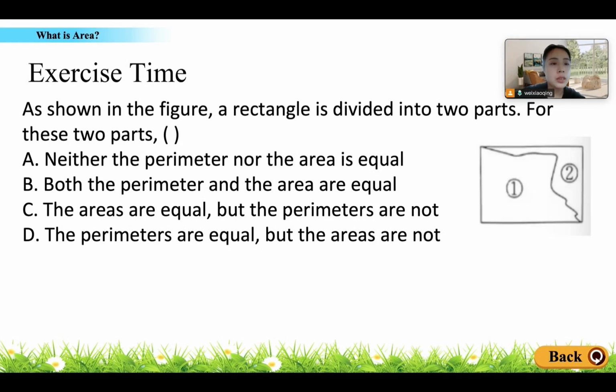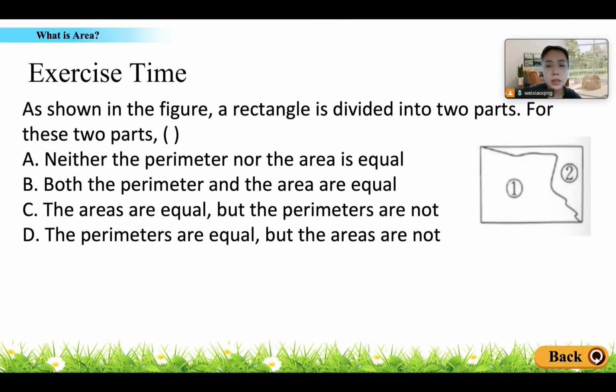As shown in the figure, a rectangle is divided into two parts. What is true about these two parts? Let's look at the options.